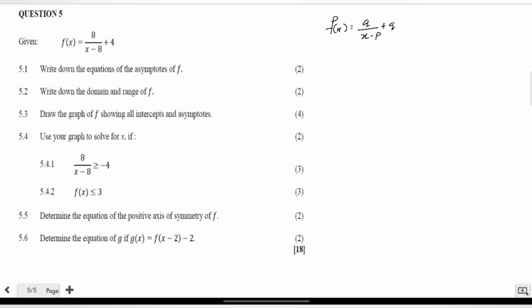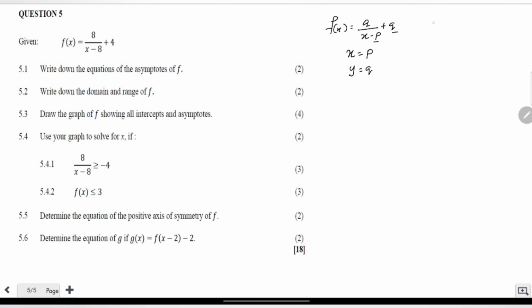What do you mean by asymptotes? Asymptotes are undefined conditions. It's a line which the graph never touches. It has a horizontal asymptote and a vertical asymptote. The vertical asymptote equation is x is equal to p, and the horizontal asymptote equation is y is equal to q. Both of them you can get from the equation, you can see p and q in the equation.